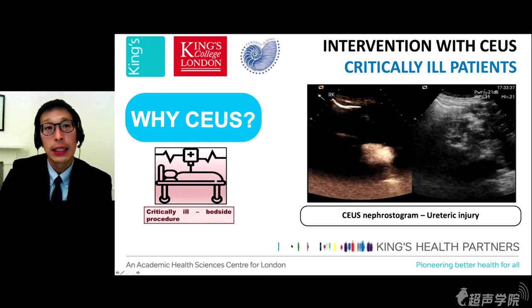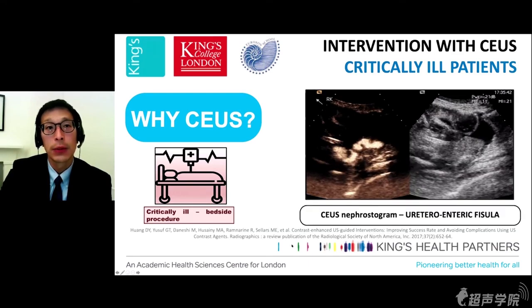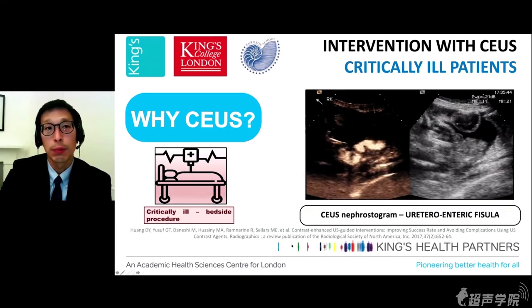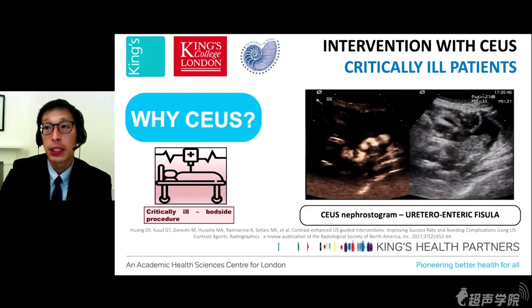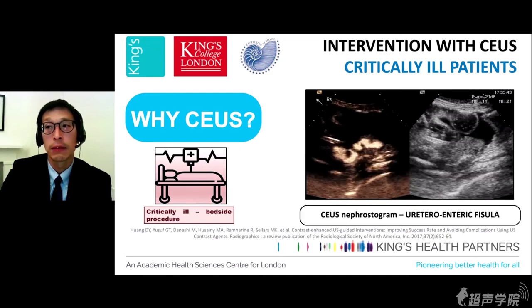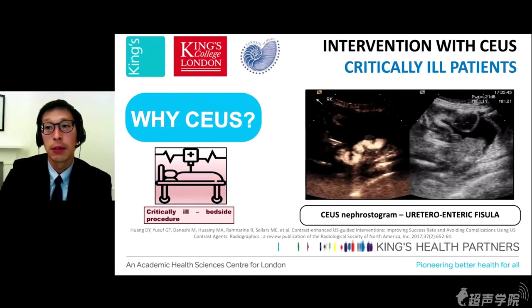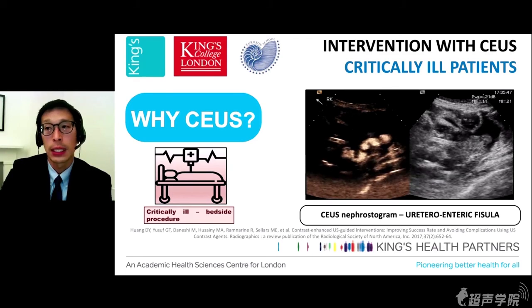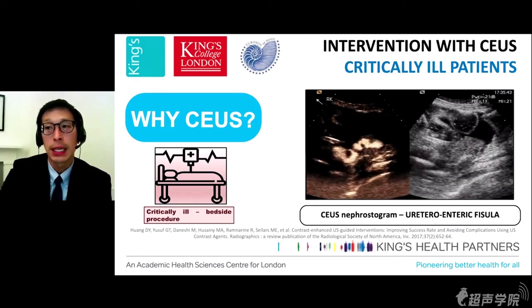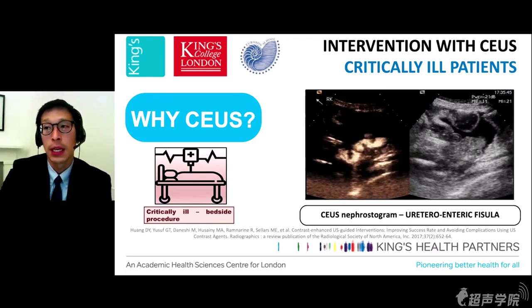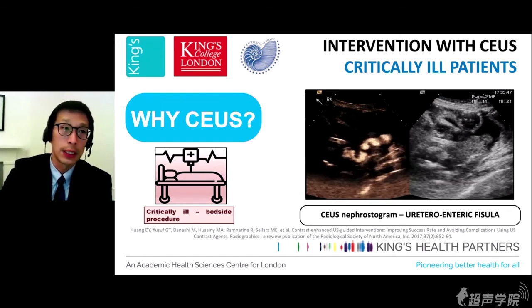But following this in real time, we see the contrast agent spreading into a peristalsing tubular structure. These, in fact, are small bowel loops. So by performing a contrast ultrasound nephrostogram at the bedside, we made the diagnosis of a ureteroenteric fistula in this patient.